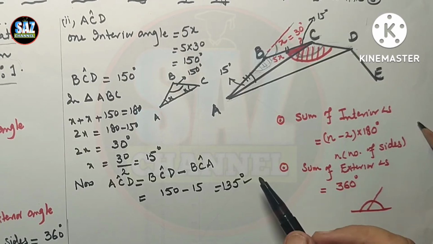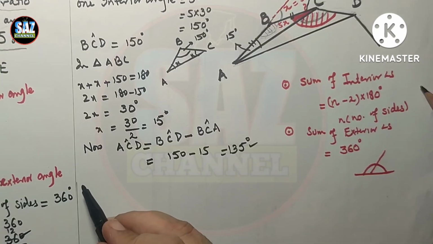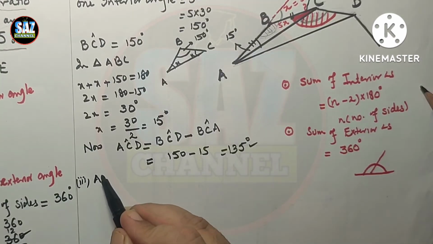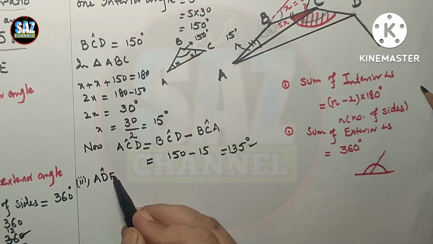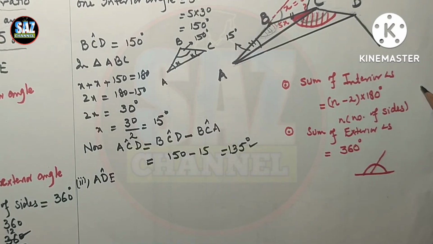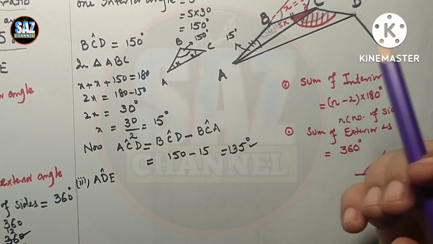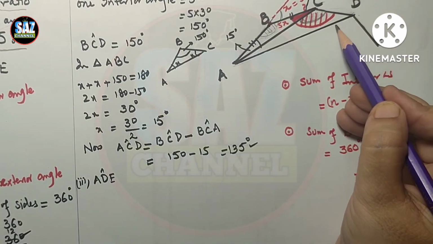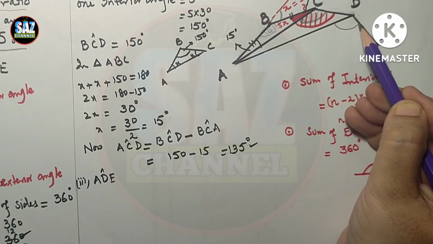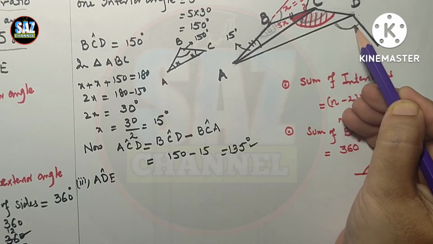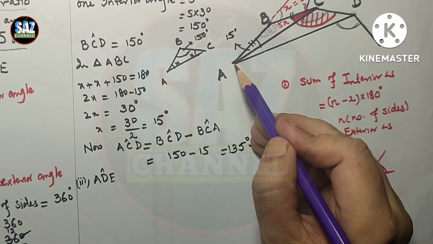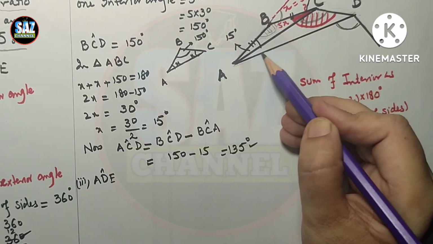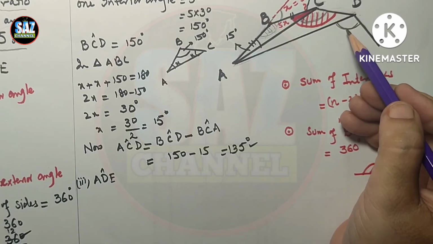And now the second requirement is angle ADE. Always focus on the diagram, on what portion of the angle we have to find. We have to find ADE. This angle we need to find. Now students, think about how we can find this angle from the diagram.